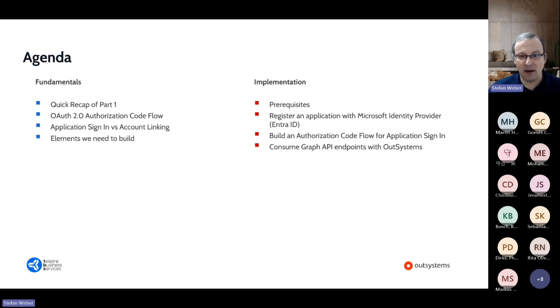Okay, quick recap. Last time we registered our OutSystems application with Microsoft Entra, or Azure App Registration, which was the previous name for it. And we gave our application the right to send emails. Doing that is sometimes critical. Permissions on application level grant the application by default lots of permissions, lots of rights.